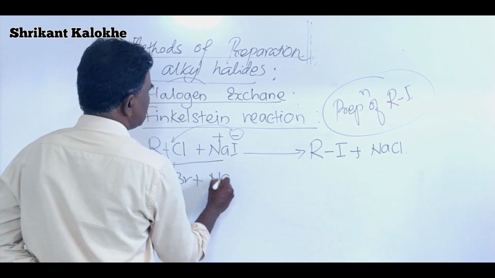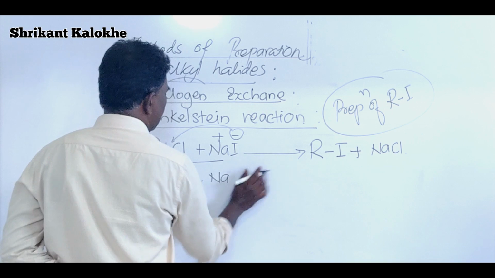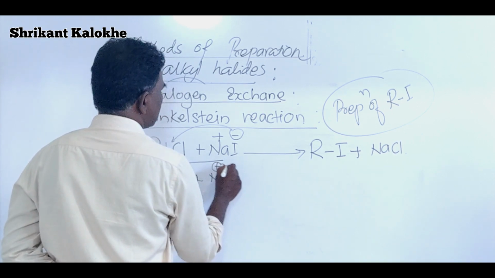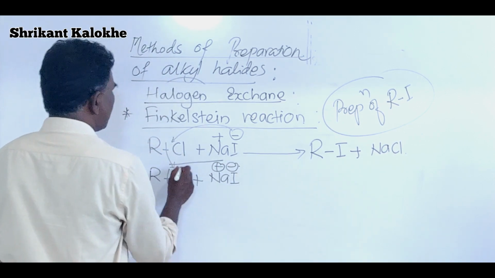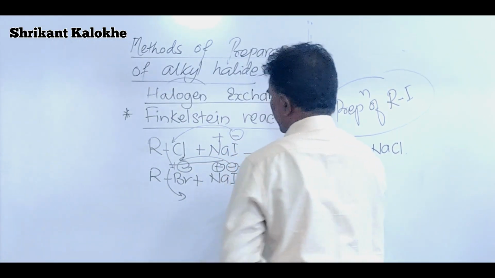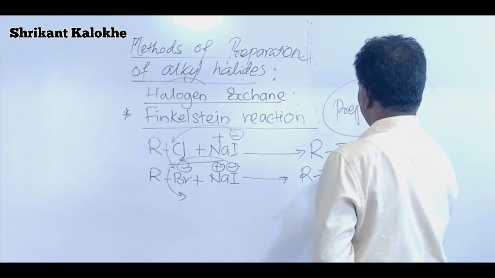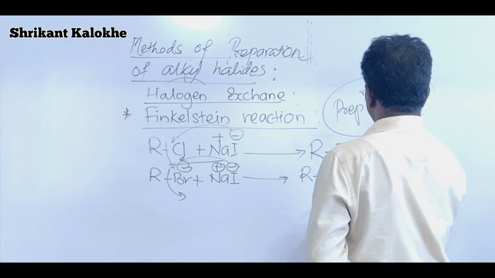RBr, alkyl bromide, when it is treated with NaI, Na+ I-, this Br- gets replaced and I- gets substituted in the place of Br-, and in this case you get RI plus side product NaBr.